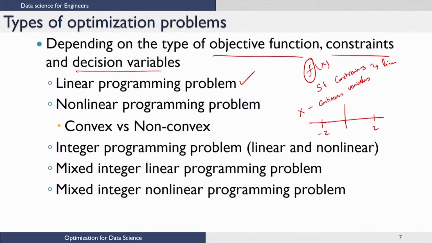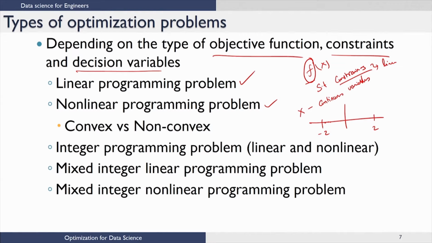Now, if the variable remains continuous, however, if either the objective function or the constraints are nonlinear functions, then we have what is called a nonlinear programming problem. So, a programming problem becomes nonlinear if either the objective or the constraints become nonlinear.